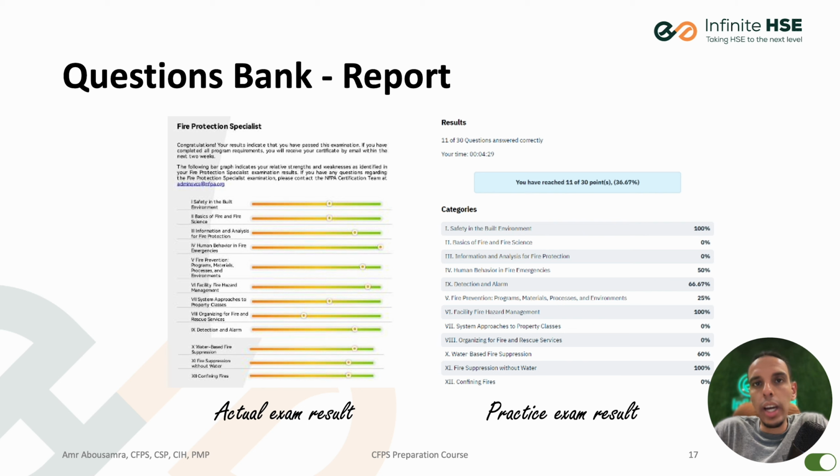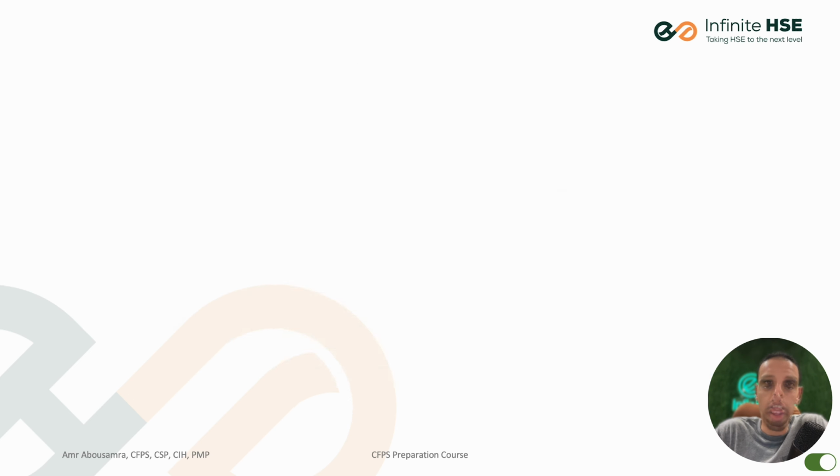That means you can get this report, see where your weak points are, focus on them, and go to the exam and tackle the certification in the first attempt. So we are trying to make it easy for you to mimic the real exam before seeing the exam itself, so you will be familiar with it.